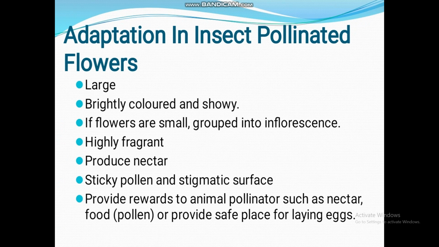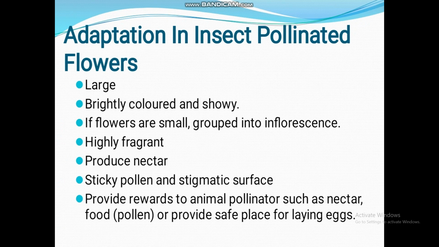Now the third type of flowers are those in which pollination takes place with the help of insects. These flowers are large, brightly colored and showy so that they easily attract insects to carry out pollination. They are small and grouped into inflorescence, meaning a large number of flowers are present in a group.